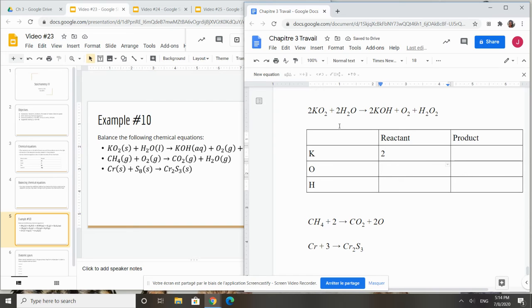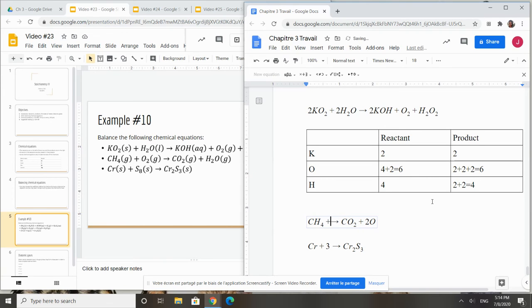I've got 4 plus 2, 6 oxygens, because 2 times 2 is 4, and I multiply them, and 2 times 1 is 2. And then I have 2 times 2, 4 hydrogens. In my products, I've got 2 potassiums, 2 plus 2 plus 2 is 6 oxygens, and 2 plus 2 is 4 hydrogens. So if your numbers on the reactants and the products are the same, you know that your answer is correct.